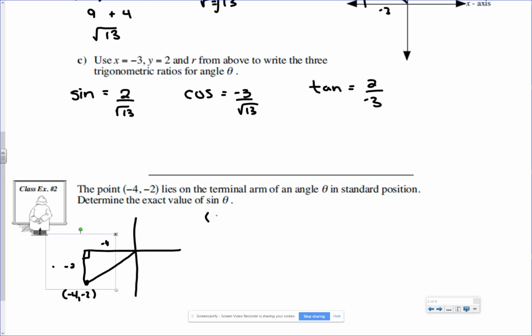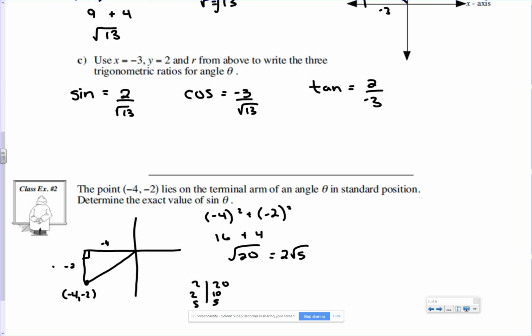So I'd have (-4) squared plus (-2) squared. That is 16 plus 4, which is equal to 20. And then the root of 20 does simplify because we can prime factor 20 here. So 20 divided by 2 is 10, divided by 2 is 5, divided by 5 is 1. So the root of 20 equals 2 root 5.